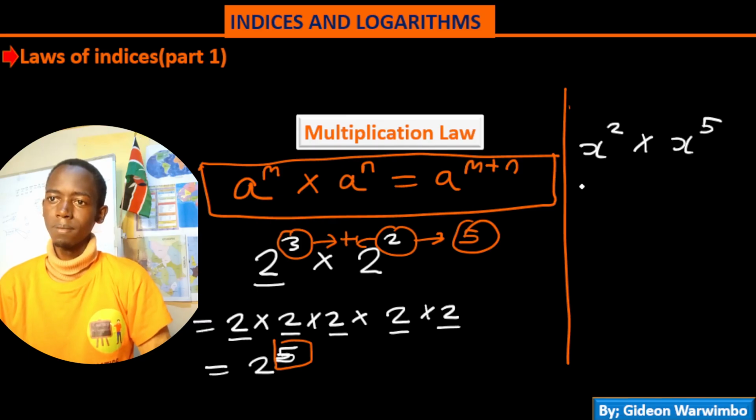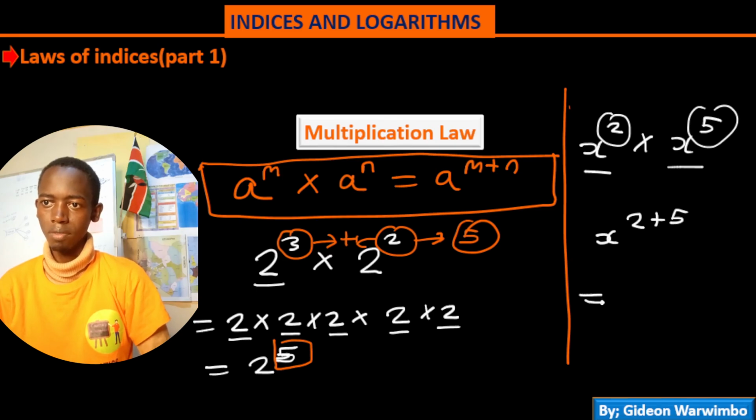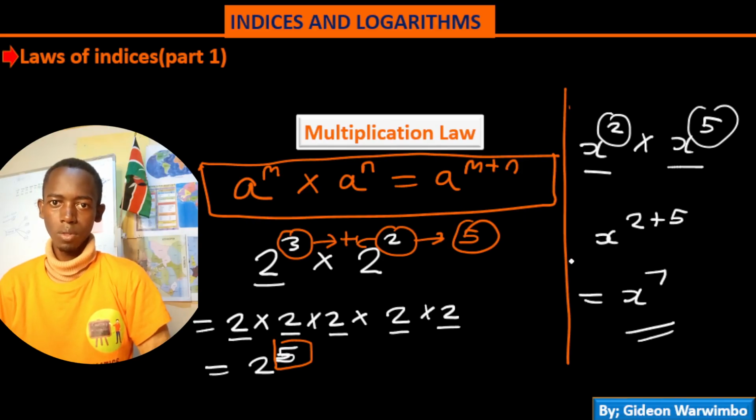What we should do is take the base, which is x, write it there, then pick the powers, 2 and 5, and add them together. That is 2 plus 5, so we have x to power 7, and that is the answer. That is how we apply the multiplication law of indices.